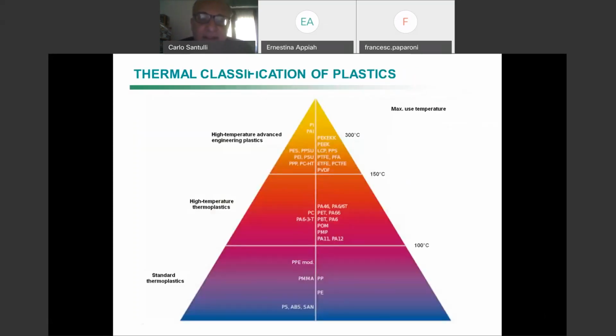This is another diagram which gives you an idea of the thermal classification. There are some plastics which can be used at high temperature. In fact, you wouldn't use polystyrene for high temperature applications.